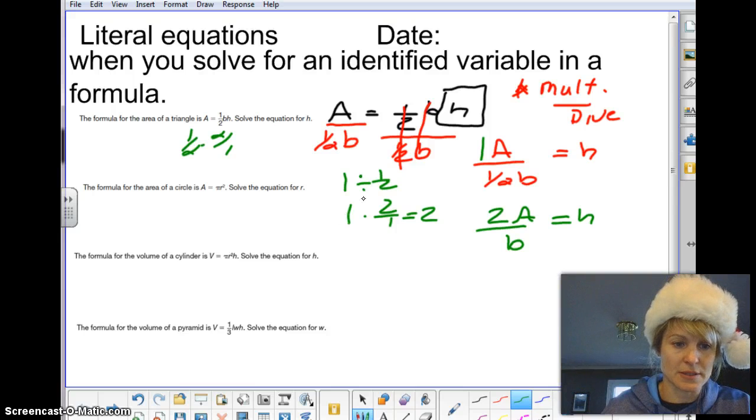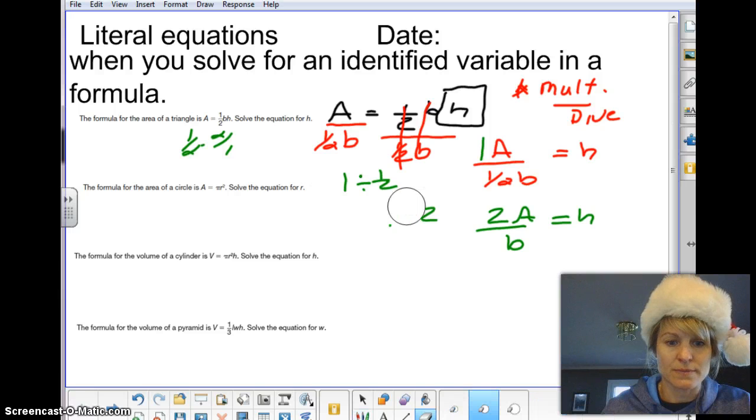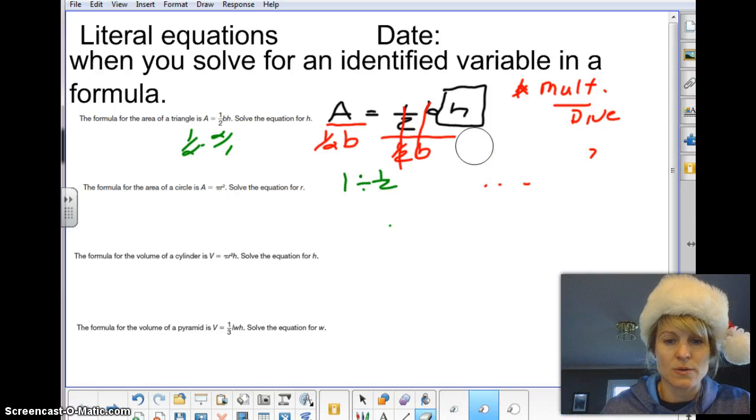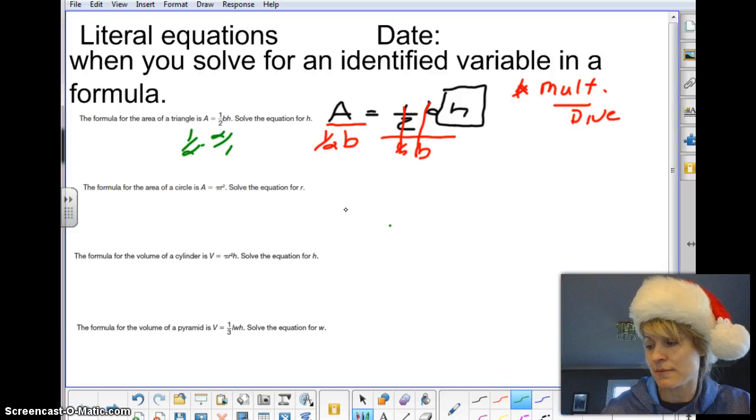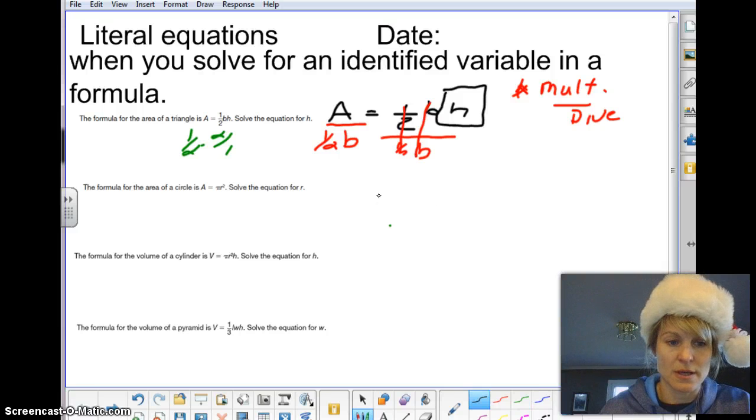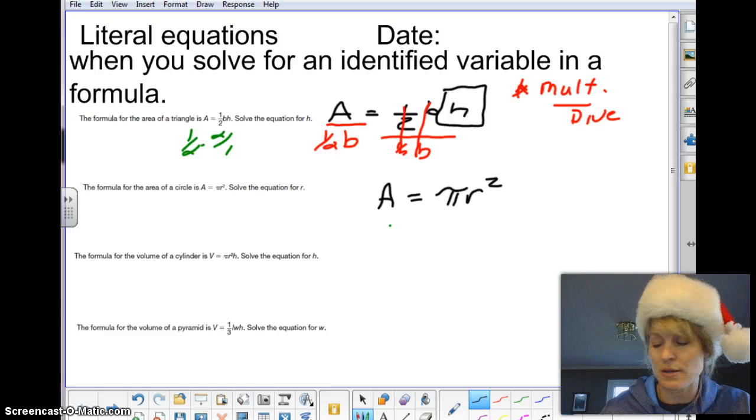So let's look at another example. Let's look at the area of a circle, okay? So hopefully you know already the area of a circle is A equals pi r squared. And it wants me to solve for r.